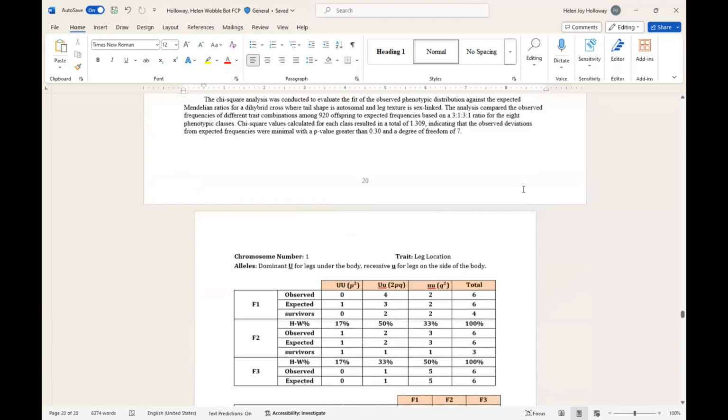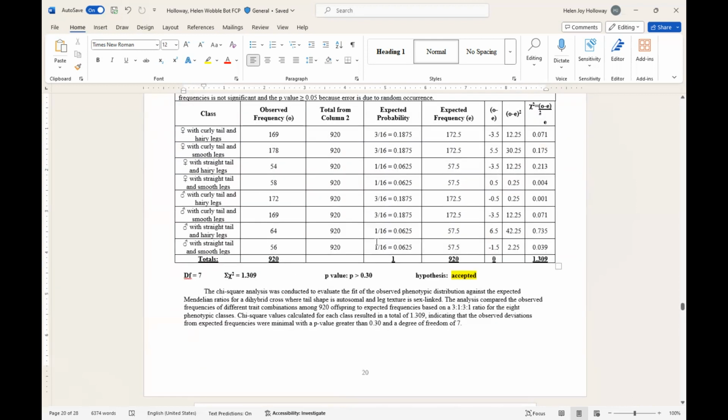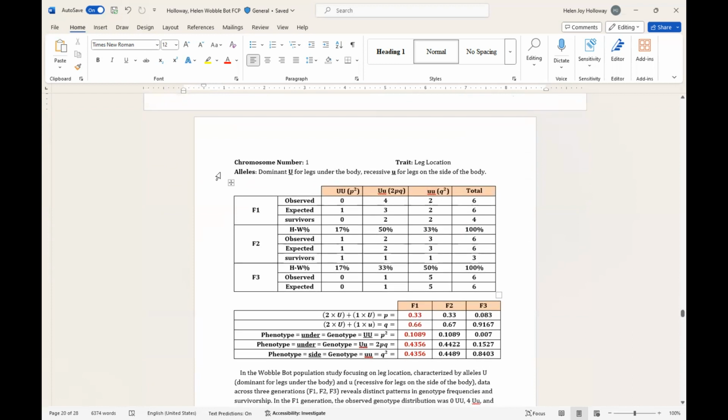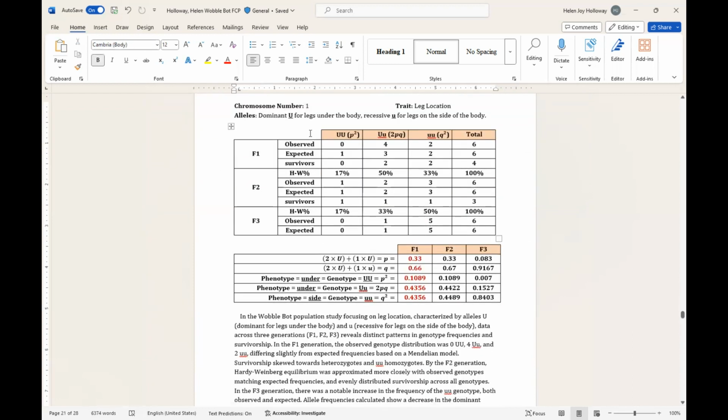Okay, so all of this information has to do with the randomly assigned scenarios in the guidelines document. And these are all for Rebots, right? Not Wobblebots. So that's important. And then this stuff is all for our Wobblebots that we did in class. This was all filled out in class.